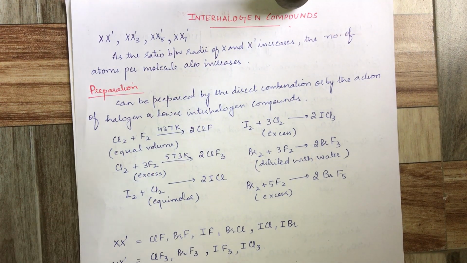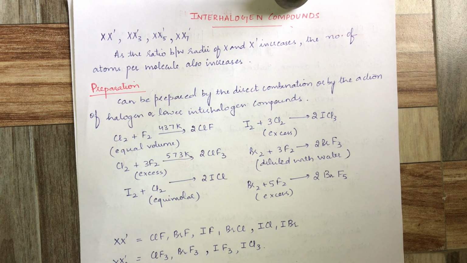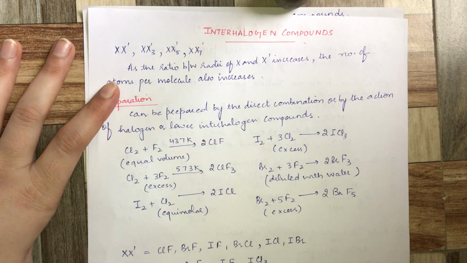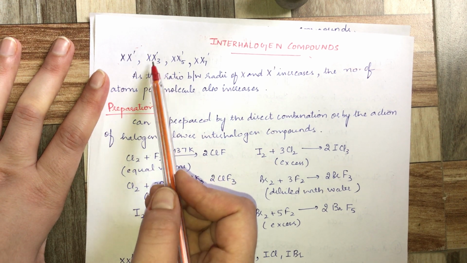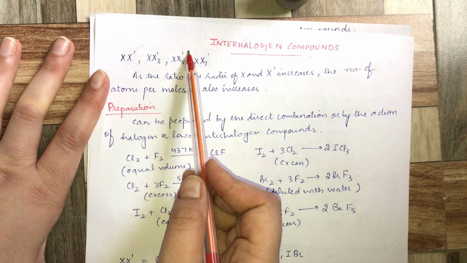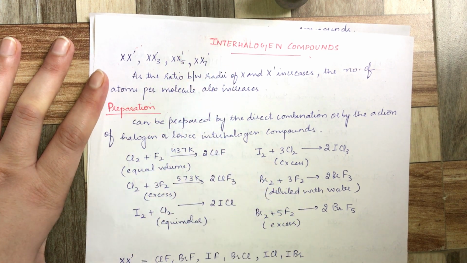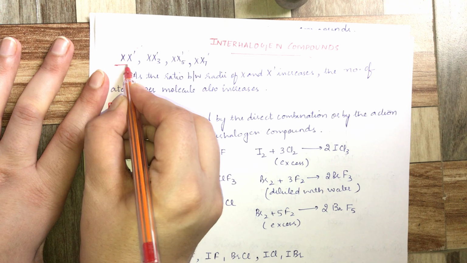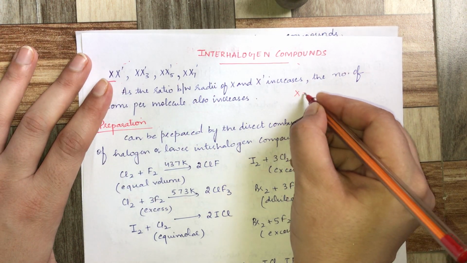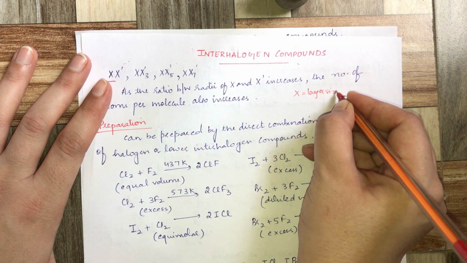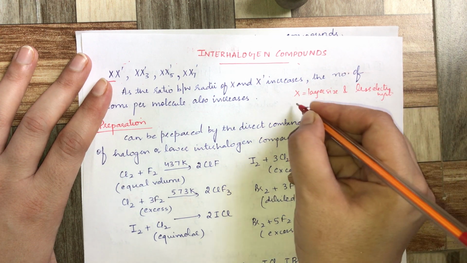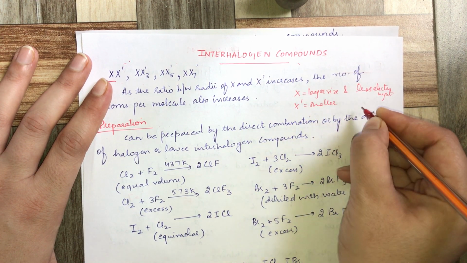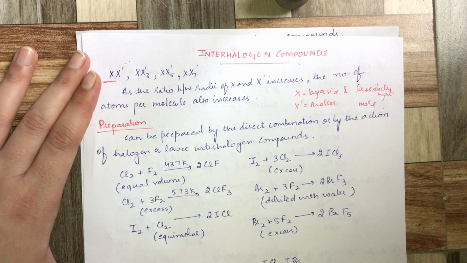Now the last topic of these halogens is the interhalogen compounds. When one halogen combines with another halogen, it forms interhalogen compounds. Their chemical composition is XX', XX'3, XX'5, XX'7. Here X has larger size and is less electronegative, X' has smaller size and is more electronegative, right?